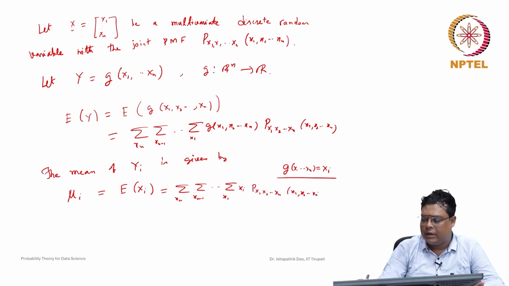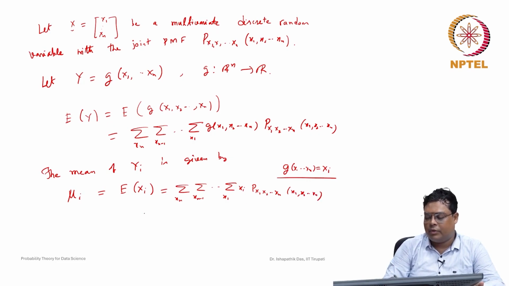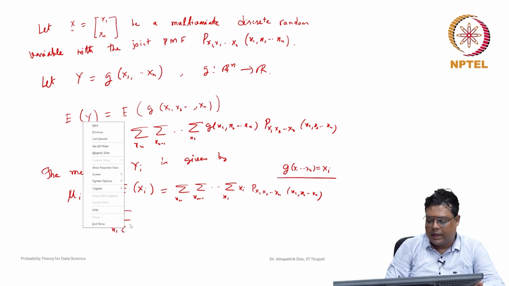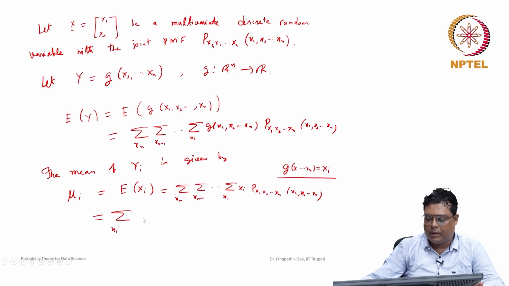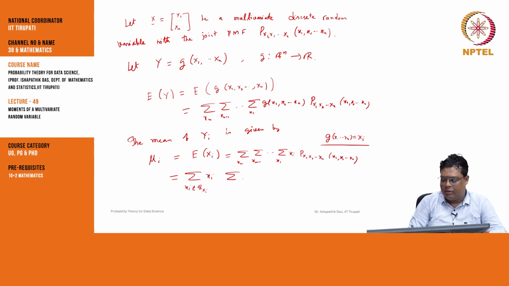Now we separate out the ith value, since xi is not dependent on the other values x1 through xn. We take xi as a variable taking values in its range R xi, and then take the sum over the other values, xn minus 1 and so on.